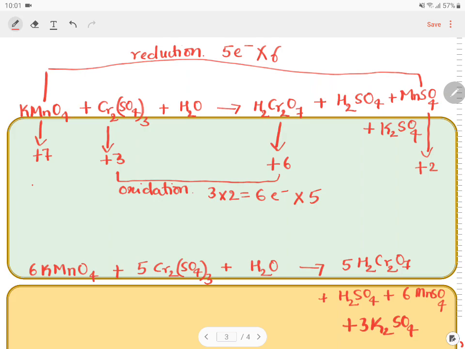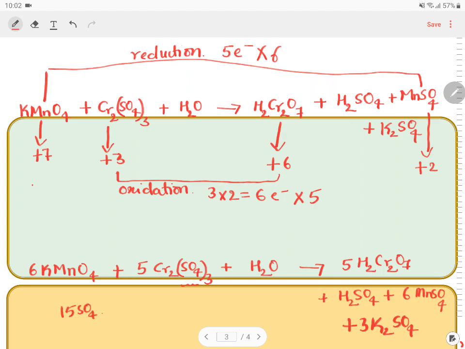Now I'll start with the sulfate ion. See, you need not consider this oxygen and this oxygen together. That leads to a lot of complication. To avoid that, I'll consider how many sulfate groups are there. In each Cr2(SO4)3, we have 3 sulfate. 3 into 5 will be 15. 15 sulfate groups are there.